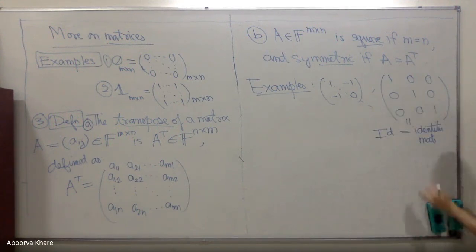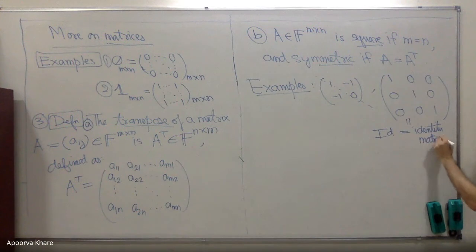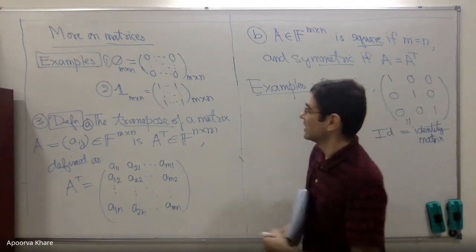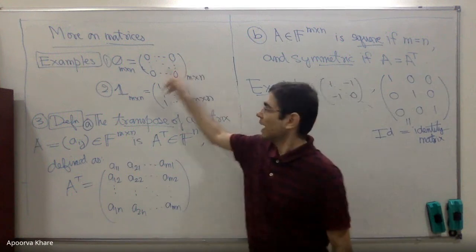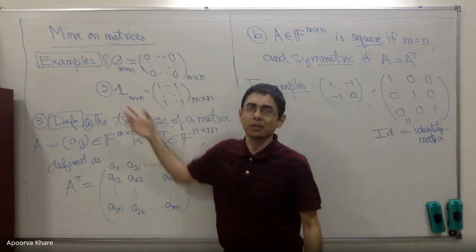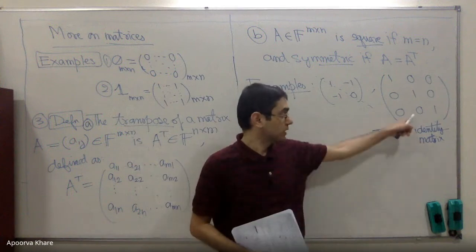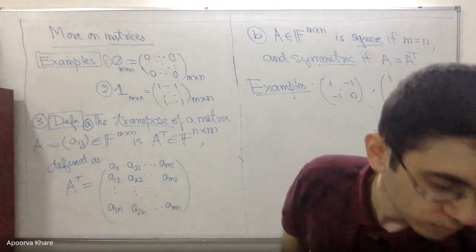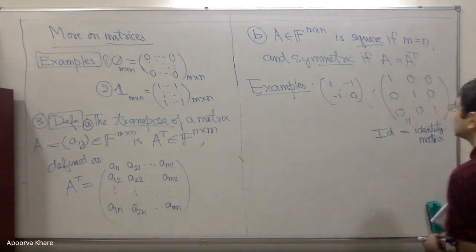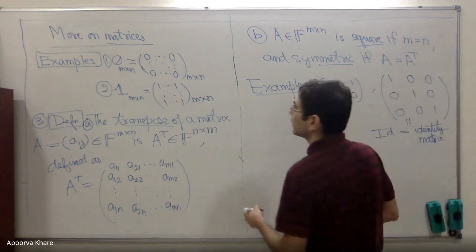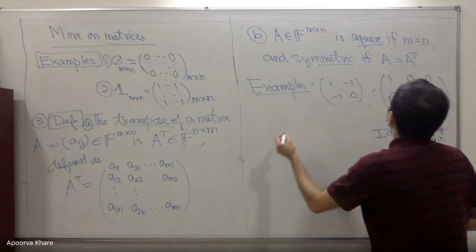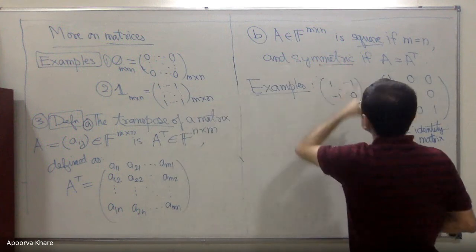I'm sort of ruining the punchline by telling you the name, but the punchline is that yes, the zero matrix was the additive identity. I asked if this was the multiplicative one, and this one is the multiplicative identity. We'll see that later. So that's another example of a square, symmetric matrix.